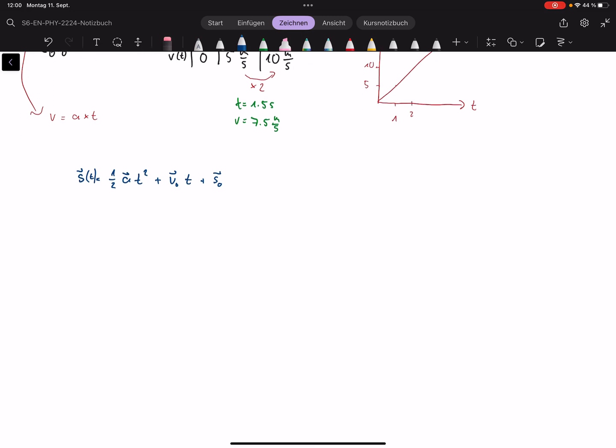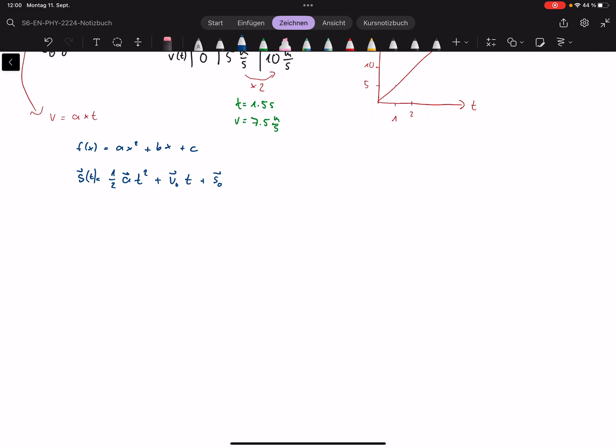We can also already see that this looks a bit like a quadratic function, like this one here, ax squared plus bx plus c.